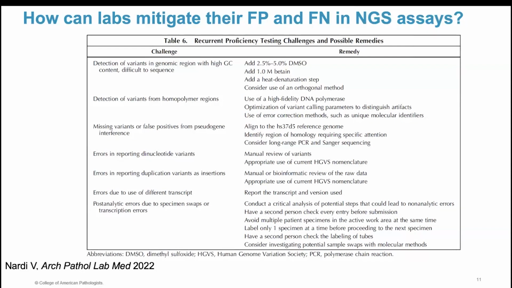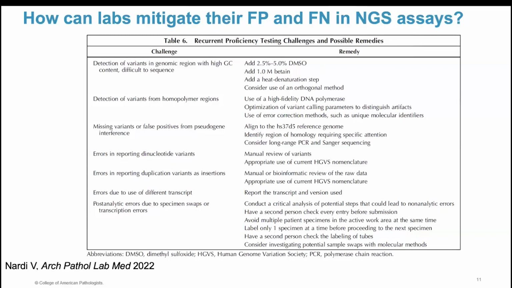In terms of improving detection of variants from homopolymer regions and avoiding false positive calls, using a high fidelity DNA polymerase could mitigate this error, optimizing variant calling parameters to distinguish artifacts, and also using error correction methods like unique molecular identifiers.